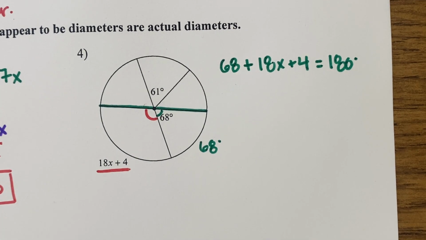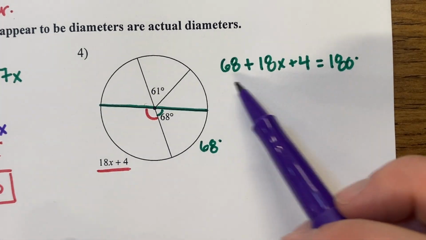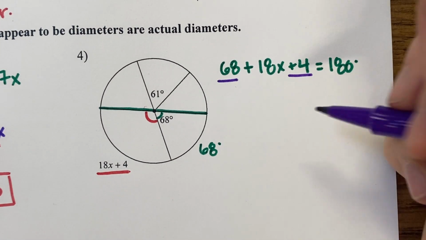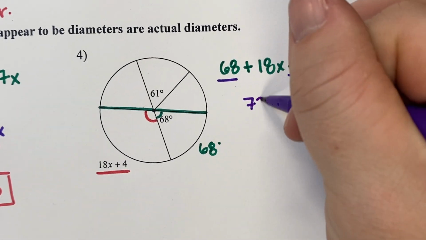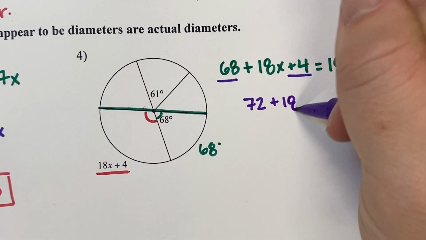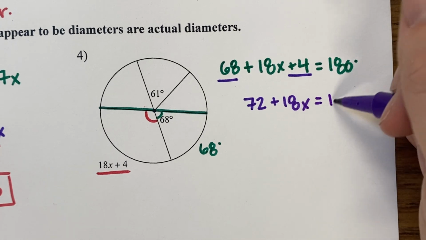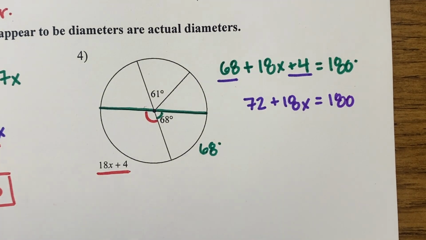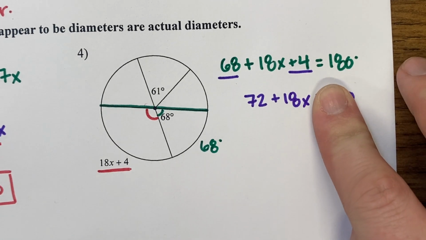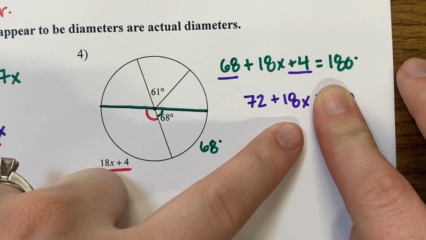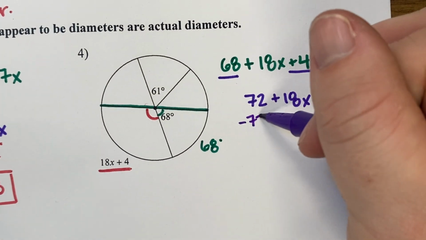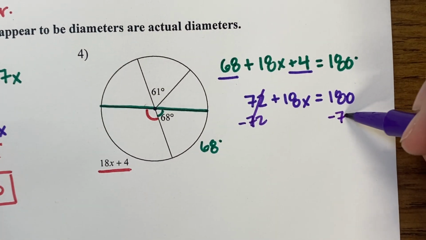Okay, and now we can go ahead and solve for x. Okay, so I need to combine my like terms. 68 plus 4 is going to give me 72. So I get 72 plus 18x is equal to 180 still. Okay, well now I need to either get rid of my 72 or my 18. 72 is farthest, so we're going to subtract the 72 on both sides.